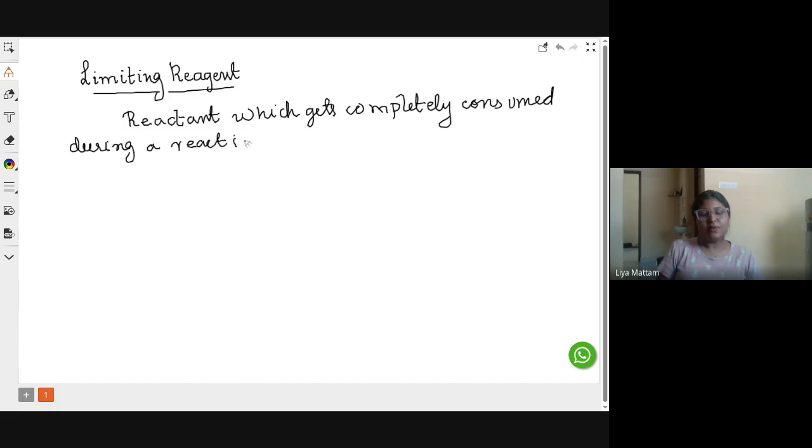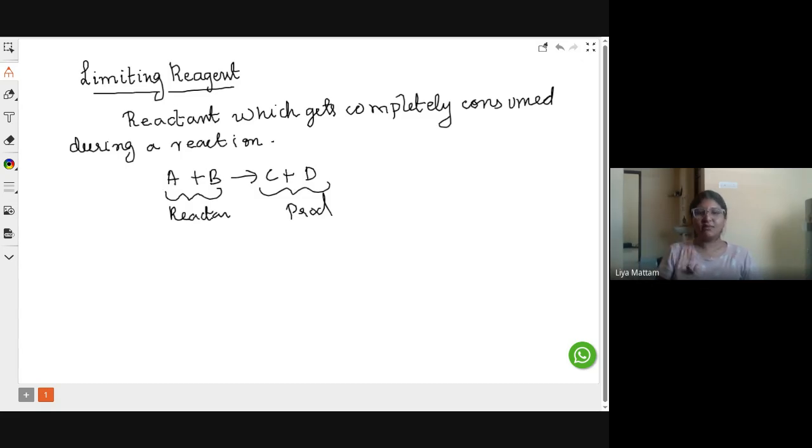We know reactants while we are writing a reaction: A plus B gives C plus D, right? A and B are the reactants and C and D are the products. So the reactant which is completely consumed during a reaction is called the limiting reagent.